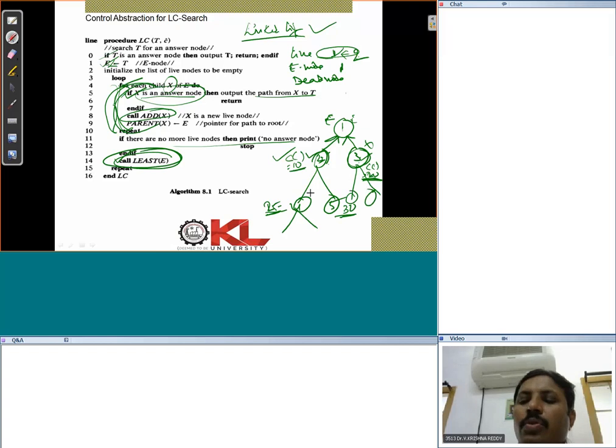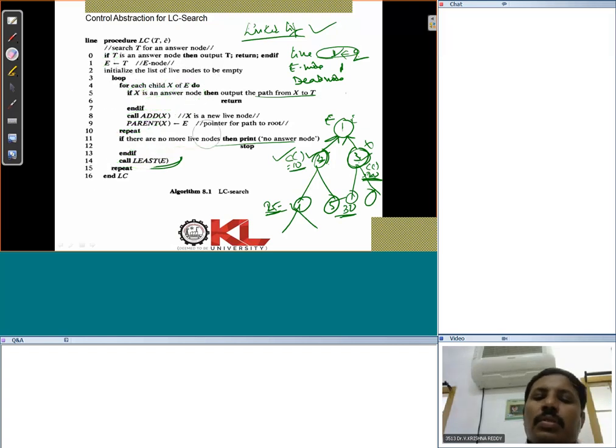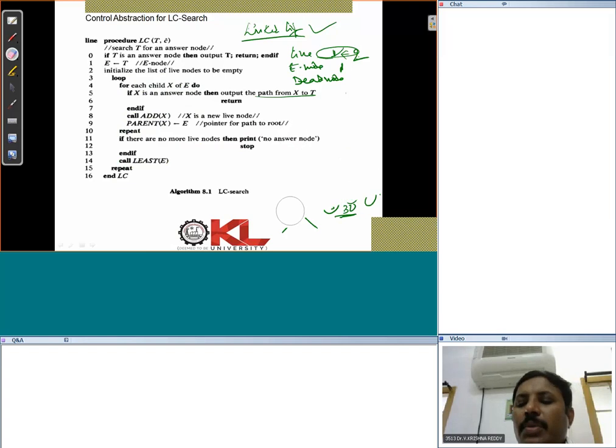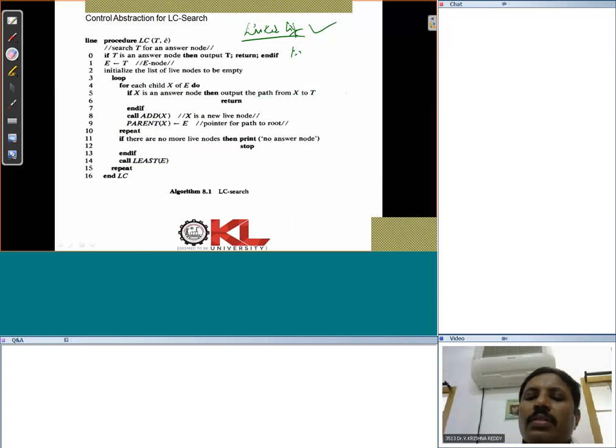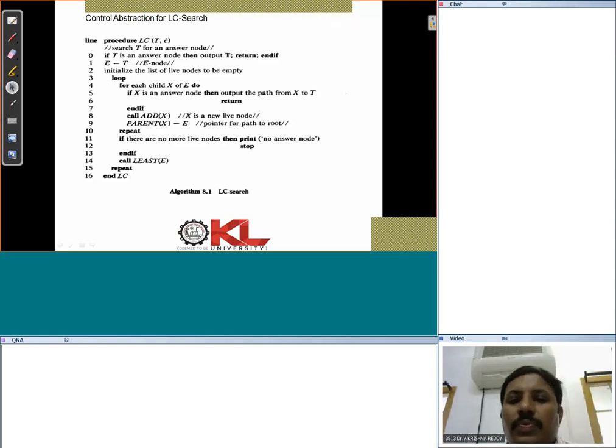The least cost node we have to expand for getting the answer node very quickly compared to the remaining nodes. That is the process of LC search. The same process we will use for the implementation of the example also. This is a simple algorithm that gives the meaning of how LC search will be useful.